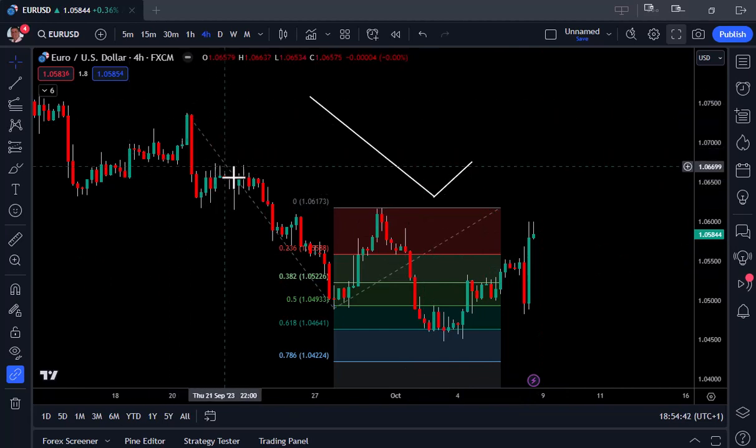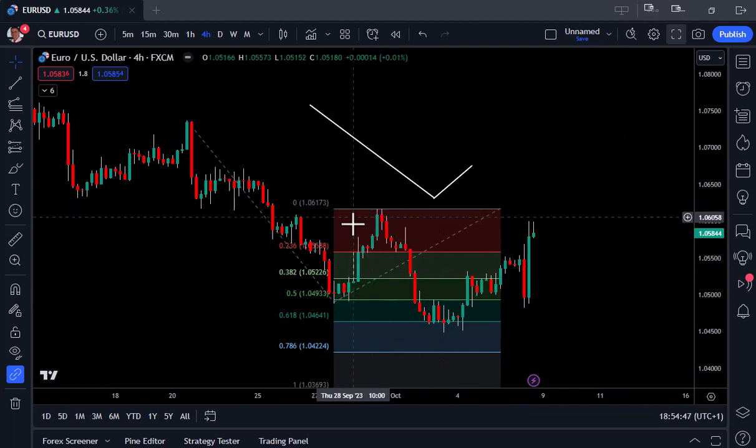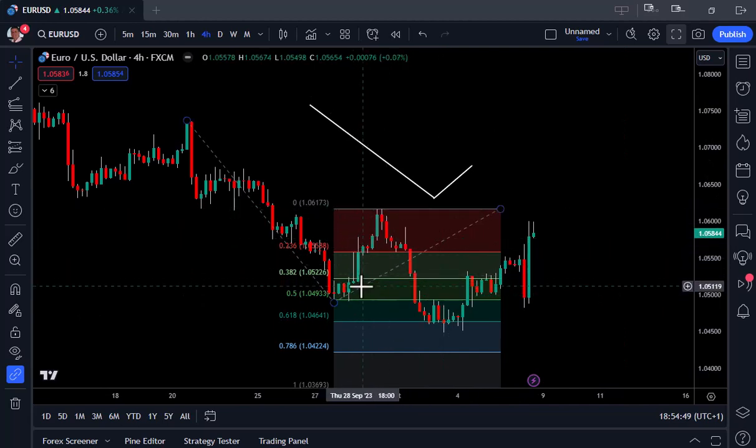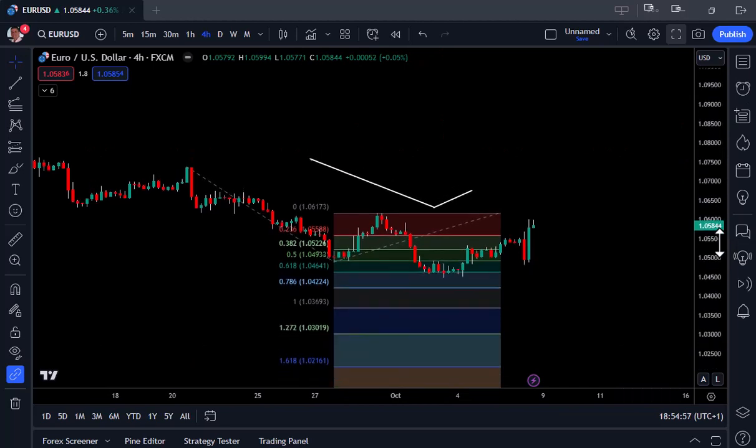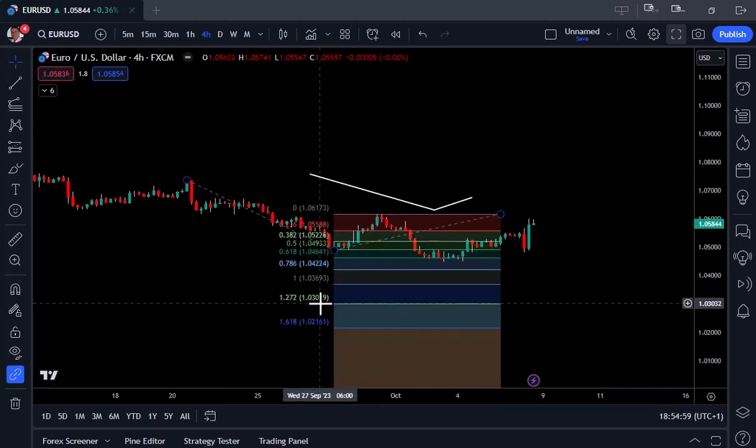So you're looking at the same principle, same percentages. Look, so you've got your 0, your 23.6, 38.2, 50, 61.8, 786. I haven't got the 886 on here, with 1, and I've got some other multiples on here. These other extensions, there are some harmonic patterns out there, and they will use a 1272 extension, a 1618 extension, so they're using the same numbers repeated as we go through.